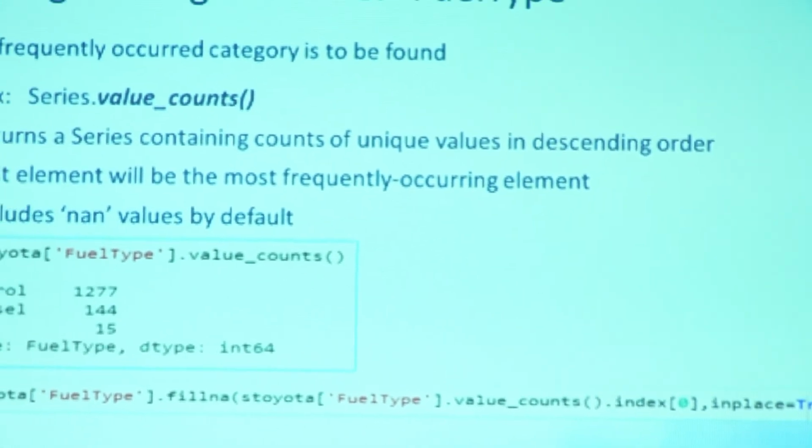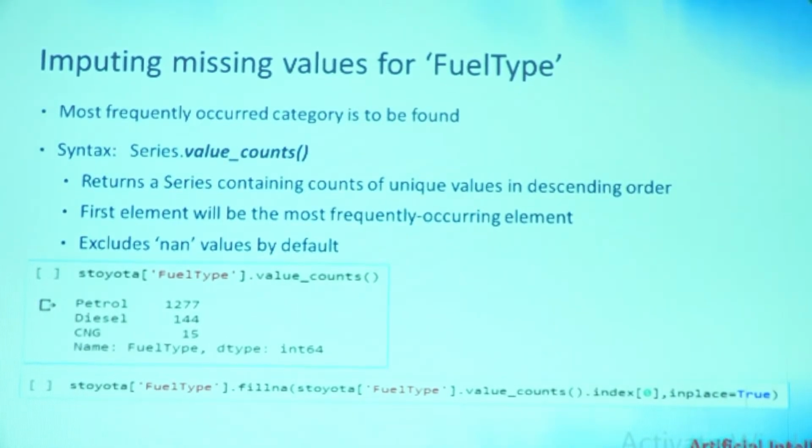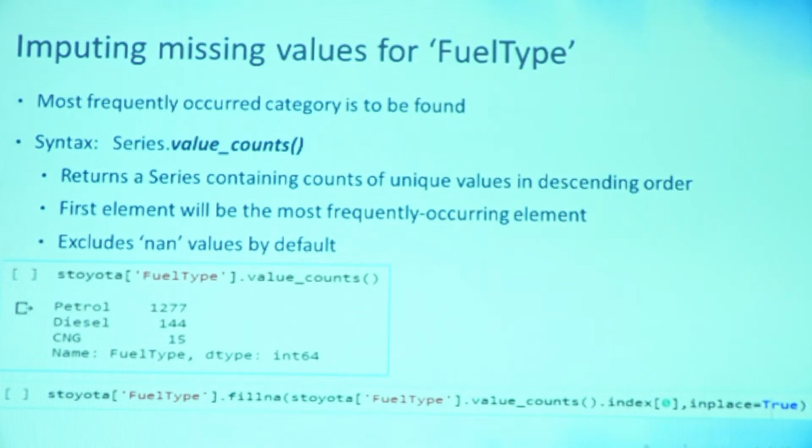Index 0 means what? Petrol, the highest one. And make sure inplace is true. Are you all getting it? Slowly, each and every column we are filling it out.